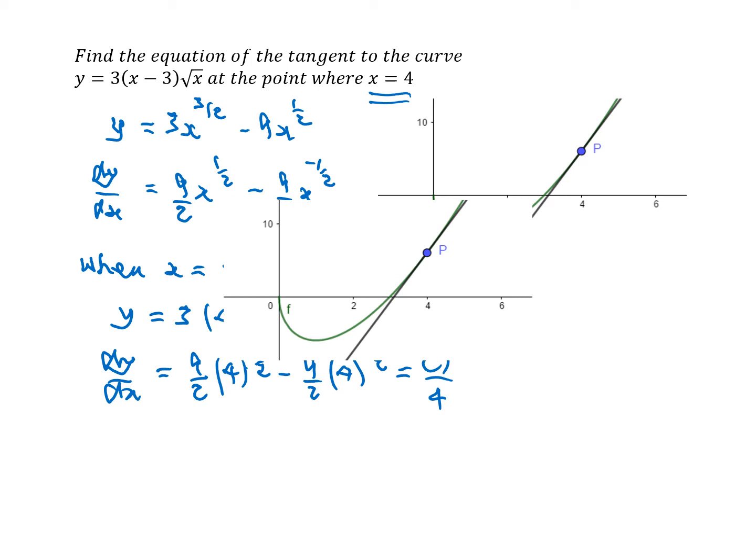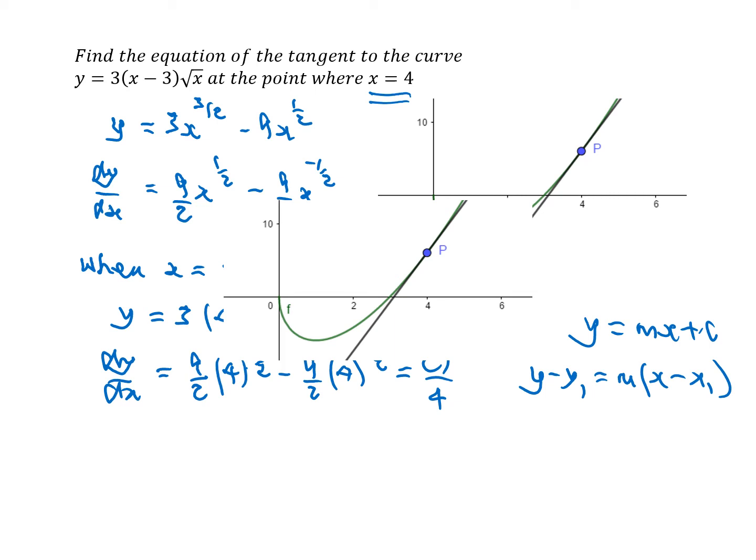So some of you may have used that information in the equation y equals mx plus c to work out the equation of the line, but my preference is to use this equation, y minus y1 equals m(x minus x1).